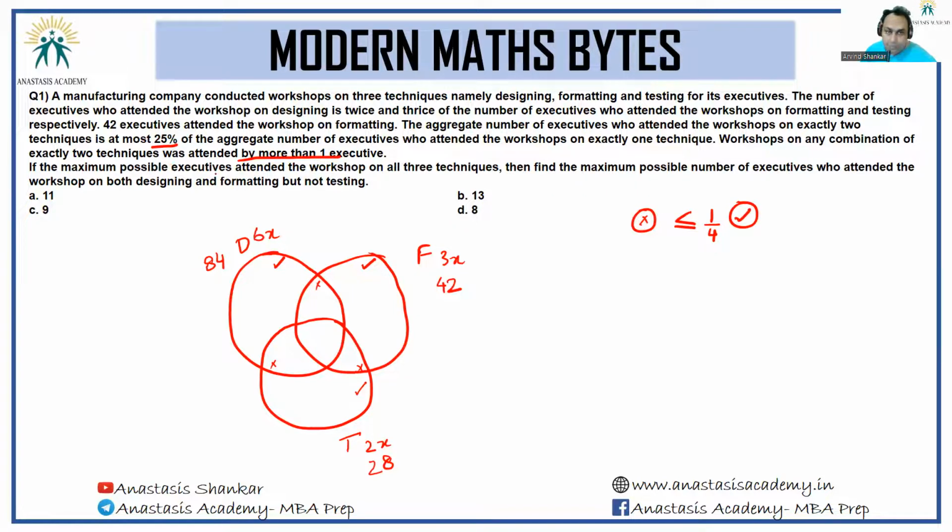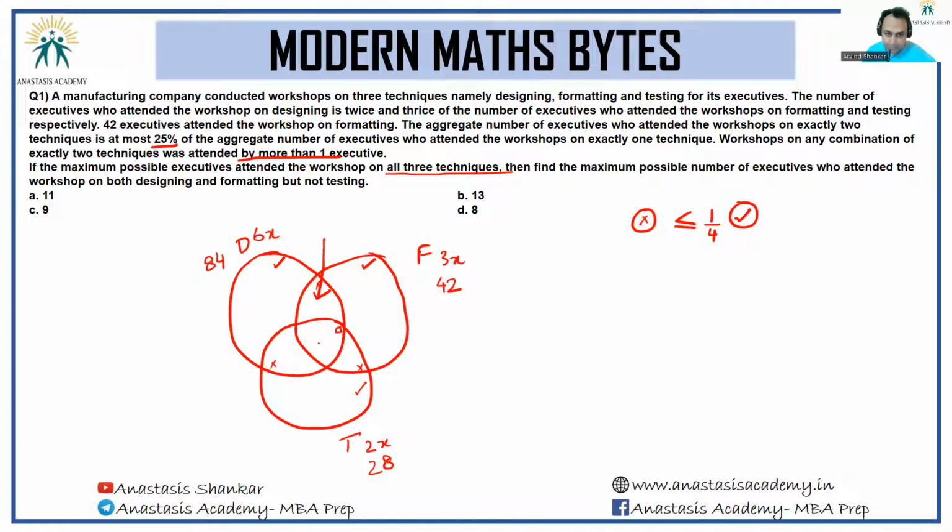If the maximum possible executives attended the workshop on all 3 techniques, we have to maximize this now. Then find the maximum possible number of executives who attended the workshop on both designing and formatting, but not testing. We have to maximize this region.